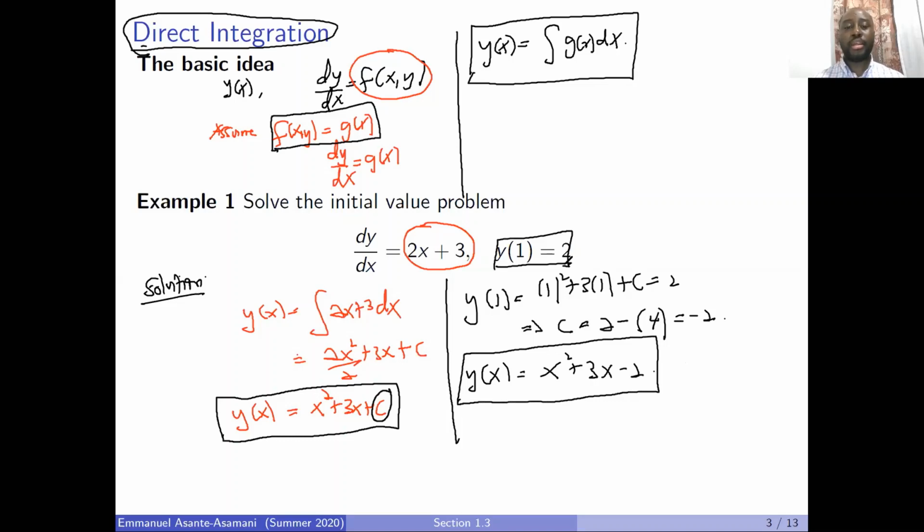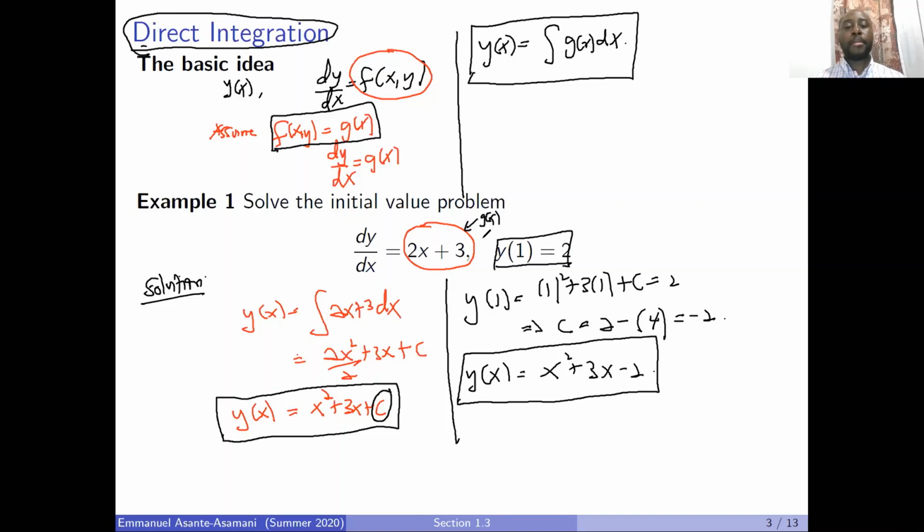Most important thing is you can only do this if your f of x, y is only a function of x in normal form. Now, it's important that you put your differential equation in normal form before you attempt to solve by direct integration, so that you can correctly pick out this g of x and know exactly what it is.